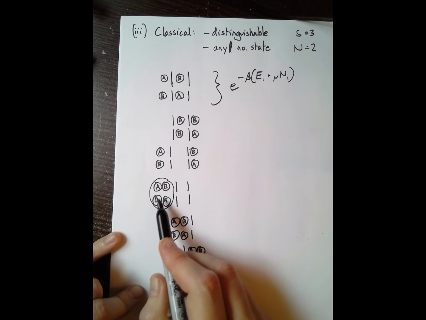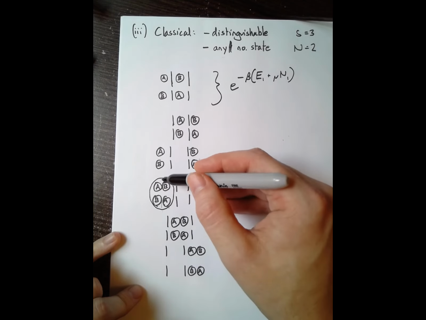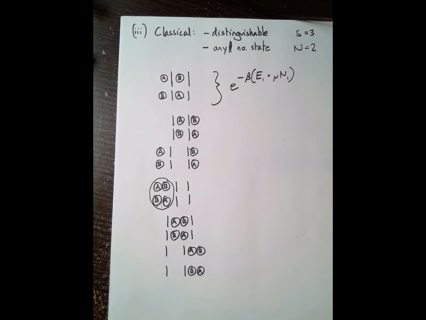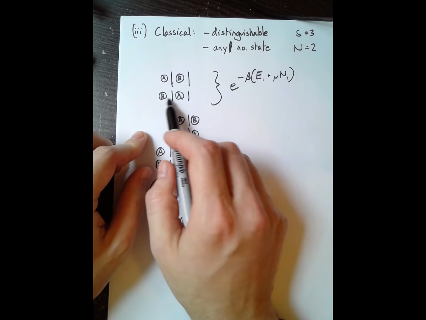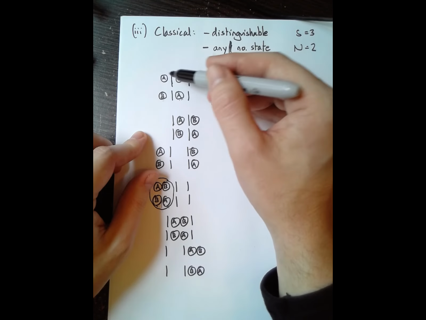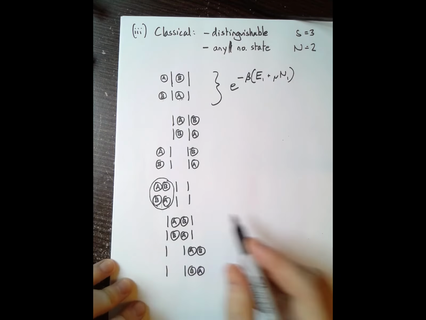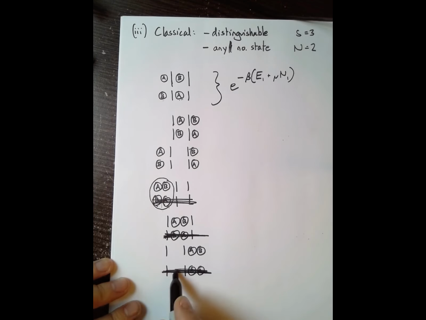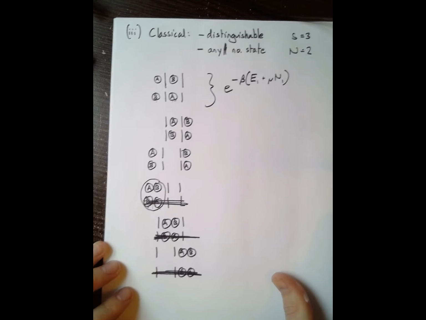The order in which I write them here is meaningless because there's no physical separation between A and B in energy, in space, or whatever. Whereas here, these two states are distinguishable because they are in different energy states. So these are distinct, these are not. So in fact, I need to be careful and not double count these states, but do count these states twice.